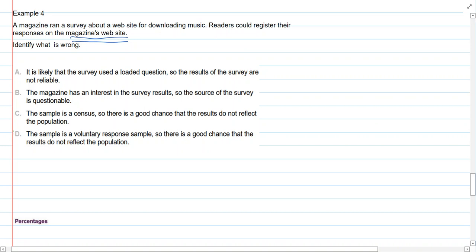All right, so it was a website for downloading music. And this was a free response on the magazine's website.